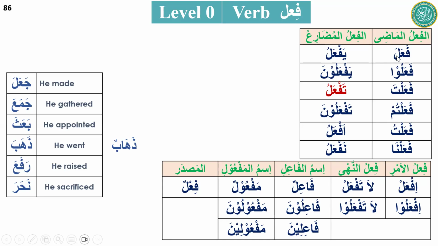Like this is fa'ala. If we add the waw here, fa'alu, ta, tum, tu, na. This is the fixed thing. Always we have to add these endings. If we know the first 3 letters word, then it will be easy for us. U, ta, tum, tu, na.